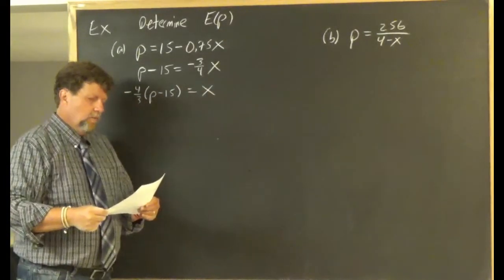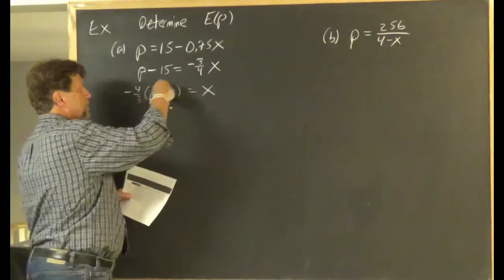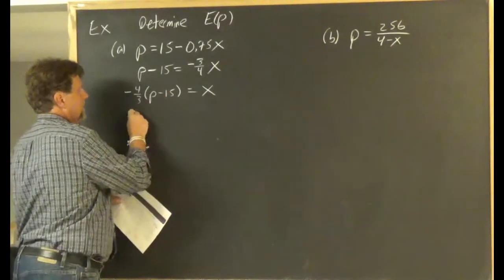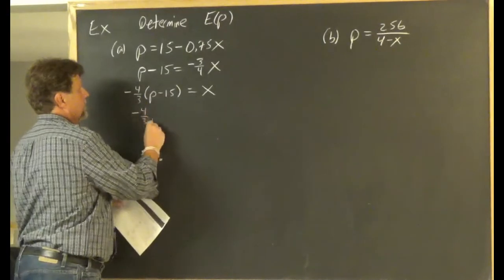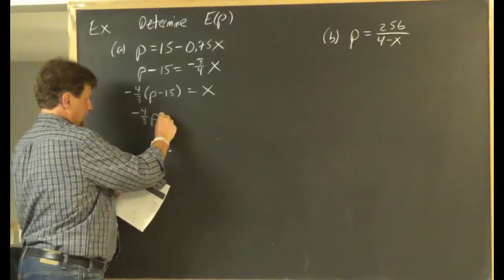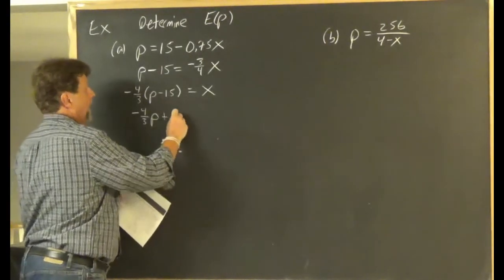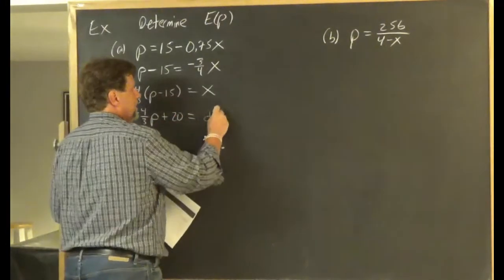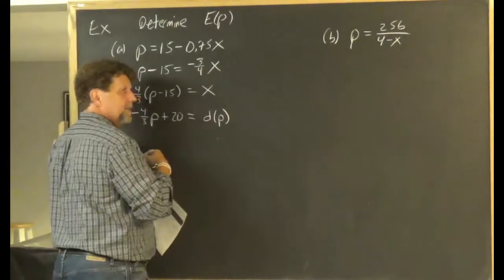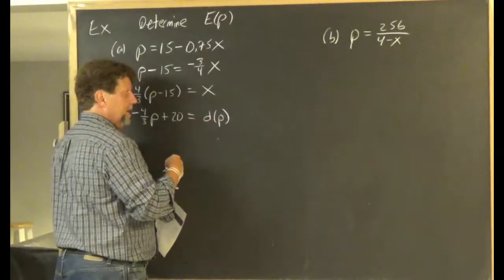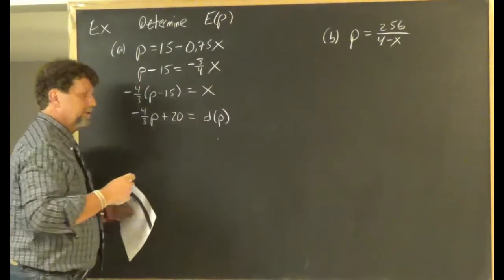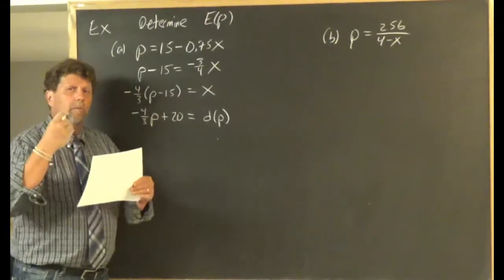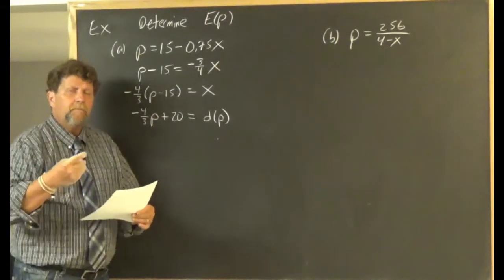And, while I'm here, I'm going to go ahead and distribute the -4/3 to get a -4/3 p. Let's see, that's plus 20. That's what x is equal to. And remember, x is d of p.